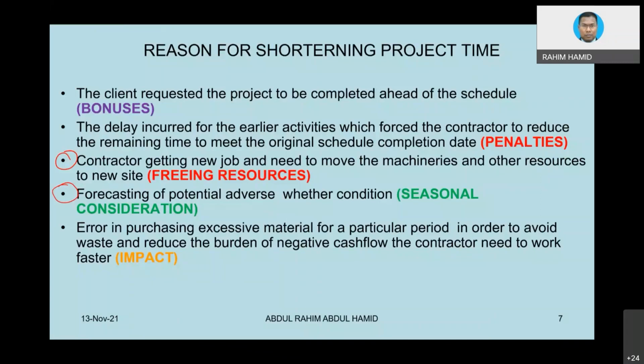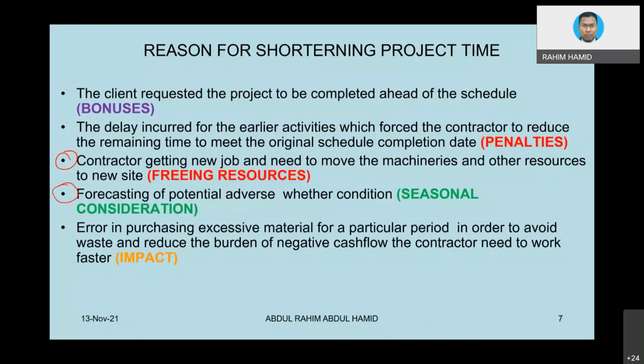So you might want to speed up some of the activity so that maybe you can complete the roof prior to rainy season, and then later on, even during the rainy season, you can still do the internal works because you already completed the roof, etc. So that could be one of the reasons why you need to speed up. Not all the activity, some of the activity. Okay, even though the client might not ask you to do so, but it is for your own sake.